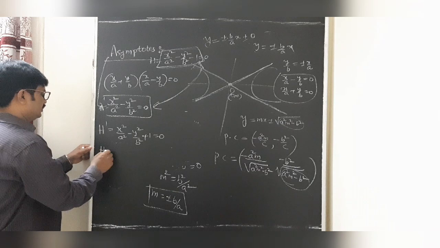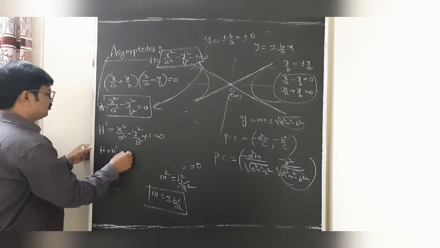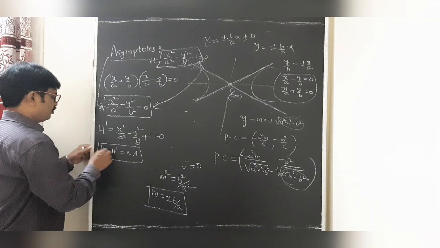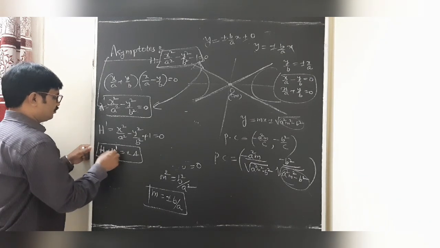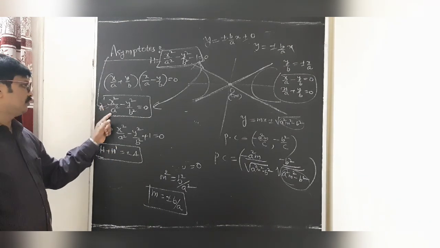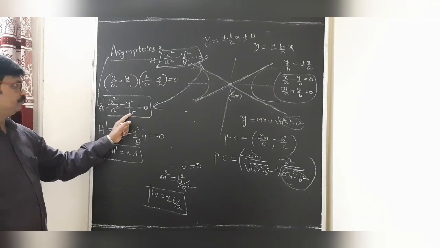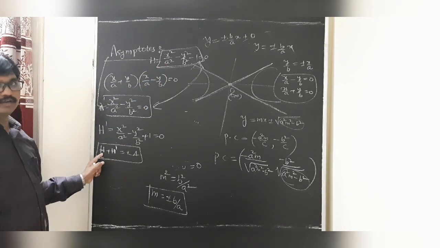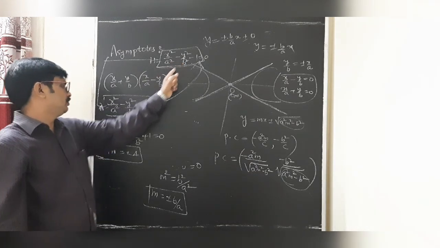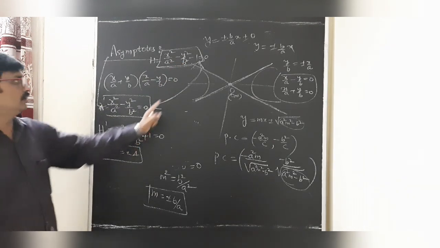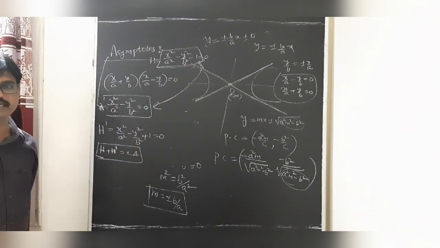So H plus H dash equal to 2A. This is the relation: the sum of the hyperbola and the conjugate hyperbola is 2A, that is 2x square by a square minus 2y square by b square, since minus 1 and plus 1 cancel.